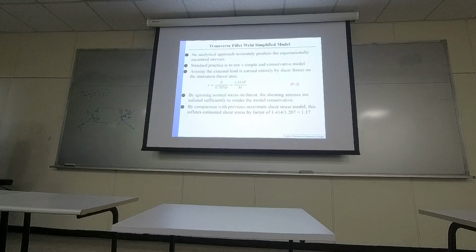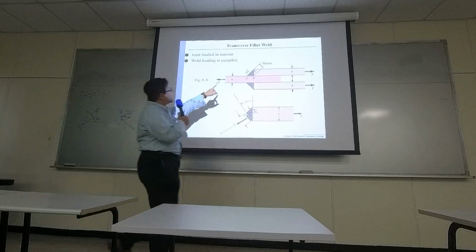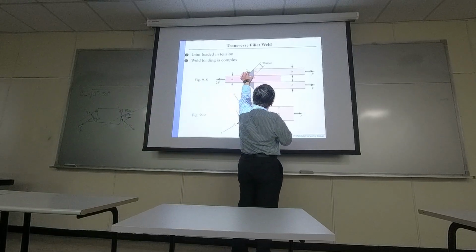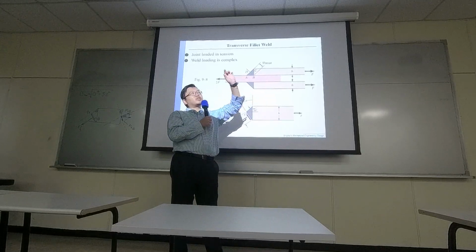So because it's too complex, usually for extra analysis, we just focus on the 45 degree. So 0.7 is the square root of 2, right? So it's right at the 45 degree. Okay, it's an easier way, because if you take a look at the welding material, right at the 45 degree, it has the shortest distance.